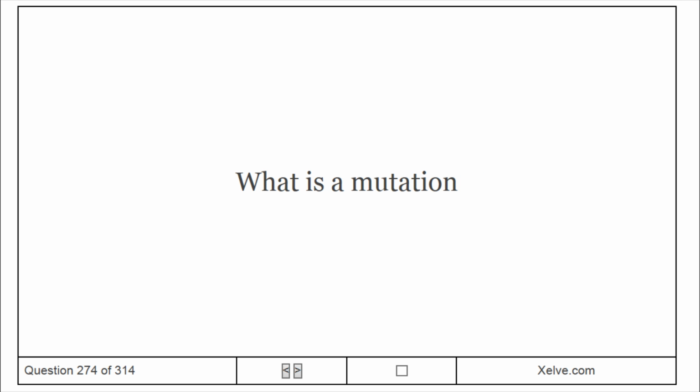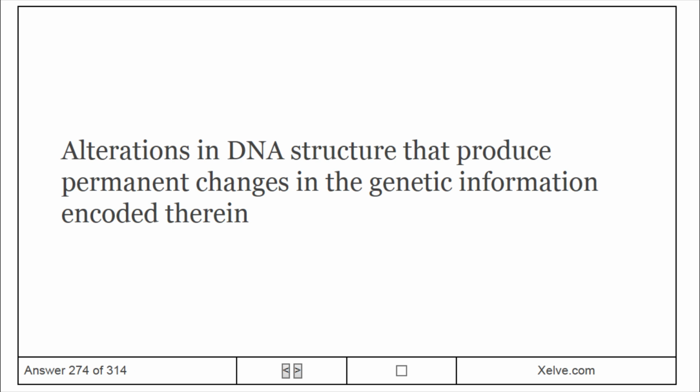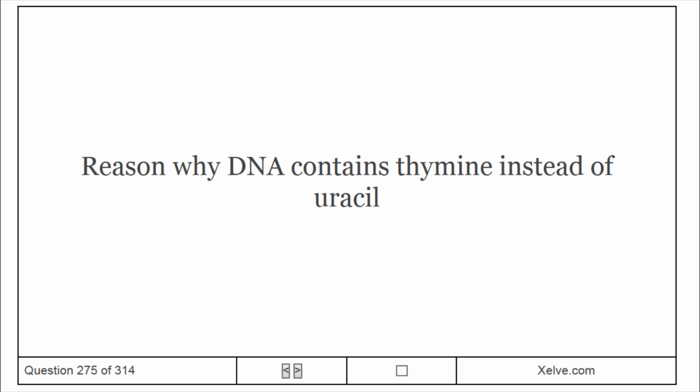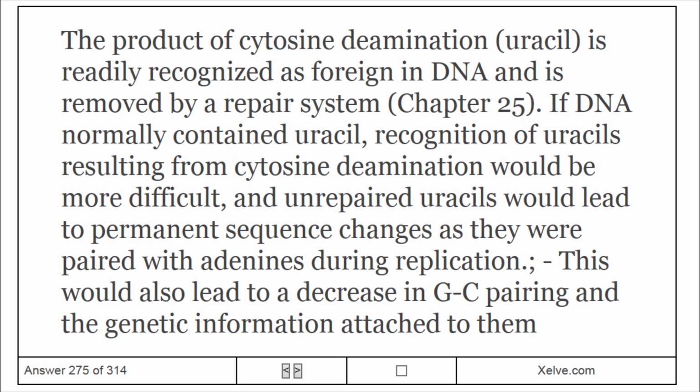What is a mutation? Alterations in DNA structure that produce permanent changes in the genetic information encoded therein. Reason why DNA contains thymine instead of uracil: the product of cytosine deamination is readily recognized as foreign in DNA and is removed by a repair system.